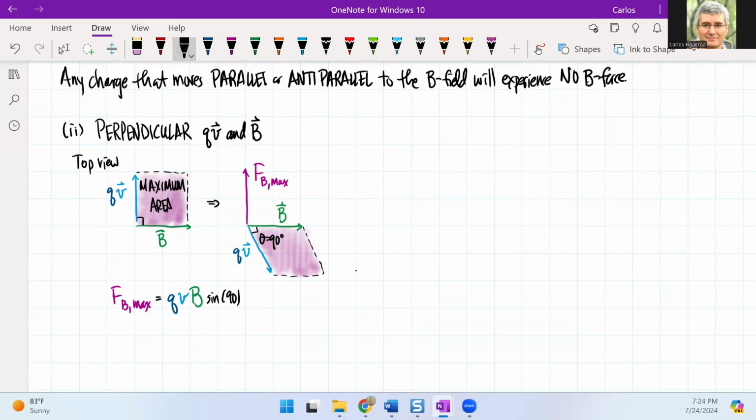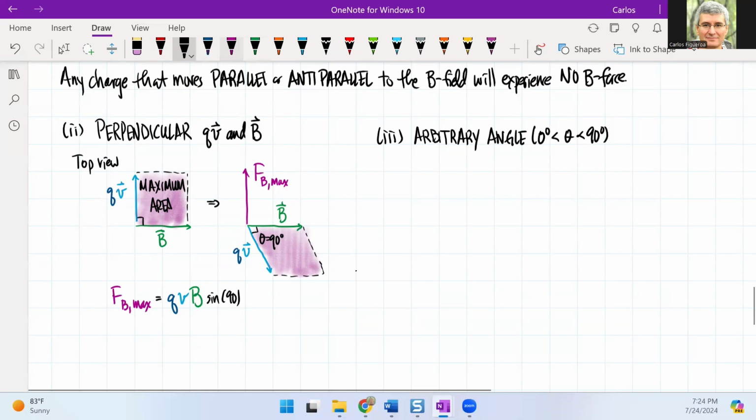So now if I go to the last one, what happens if I have an arbitrary angle? Where this angle is not 0 degrees, it's not 90 degrees, but it's in between. So if I look at this, then the area has to be smaller.